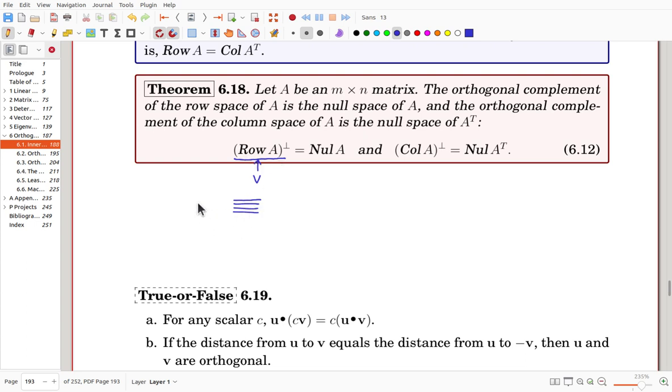So v is in the orthogonal complement of the row space of A. That means that row dot v must be 0. But this is exactly the same as A v equals 0. Once v is here, then equivalently v is in the null space of A. Similarly, you can check the other one quite easily.